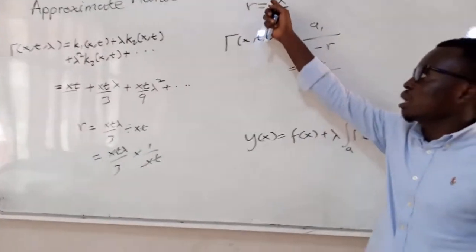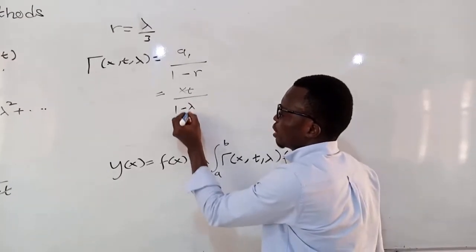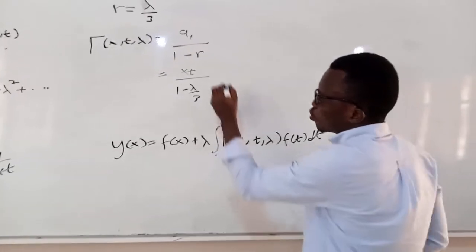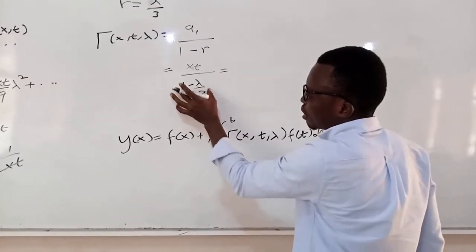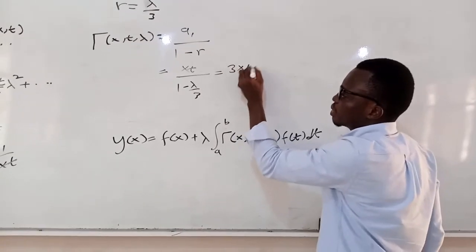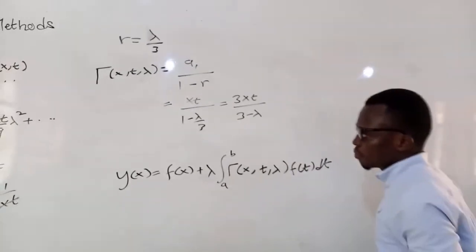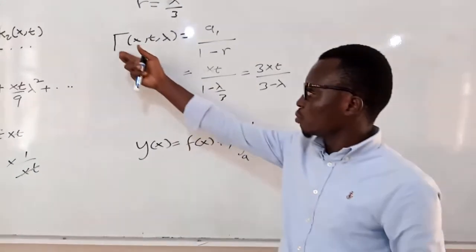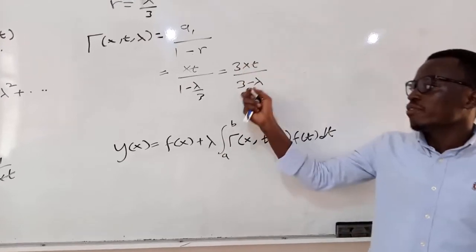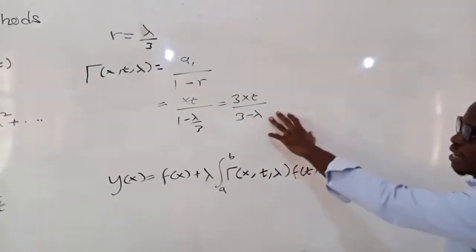The ratio is given as lambda over 3, so we have 1 minus lambda over 3. If you carefully solve this one, you can see that it is the same as 3st divided by 3 minus lambda. So our resultant kernel, gamma of st lambda, is the same as 3st divided by 3 minus lambda. So this is our resultant kernel.